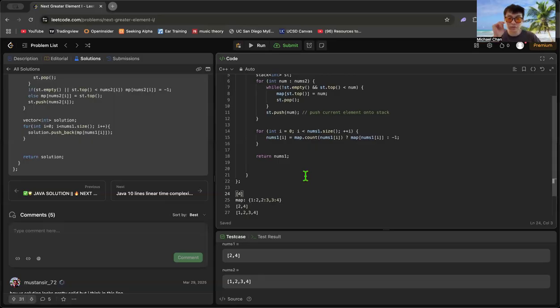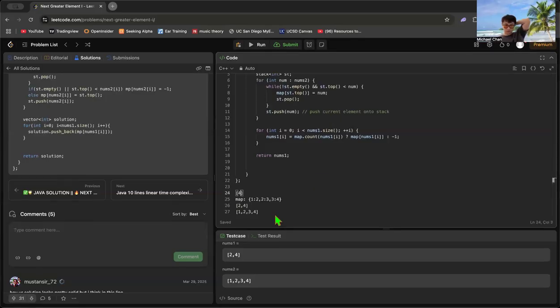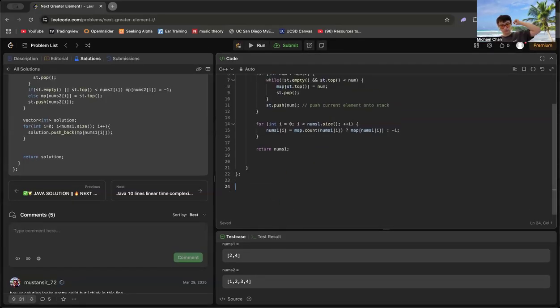And then four is not bigger than four. Oh, you already pushed it. Okay, so yeah, okay. Yeah, makes sense. Okay, I understand how it works.